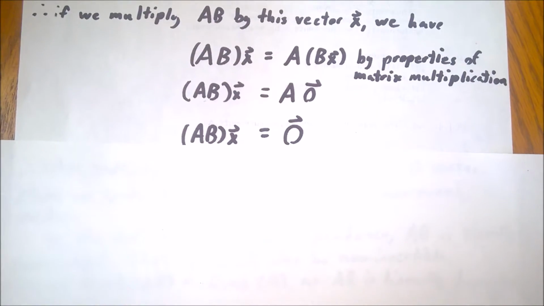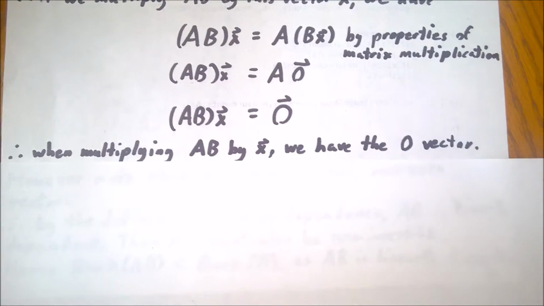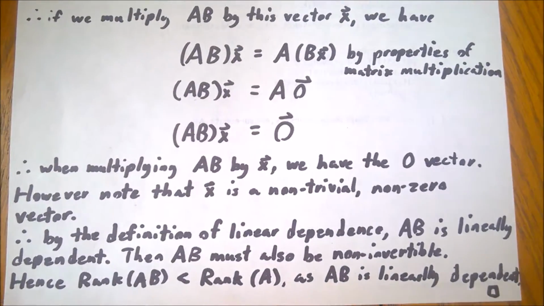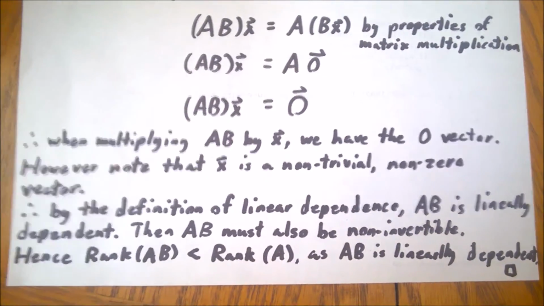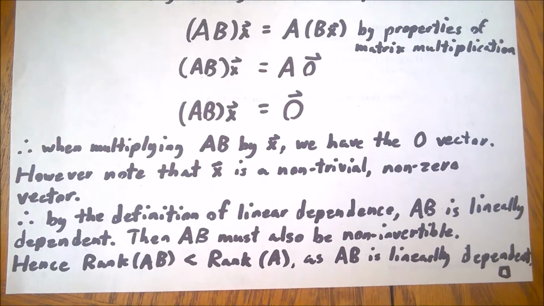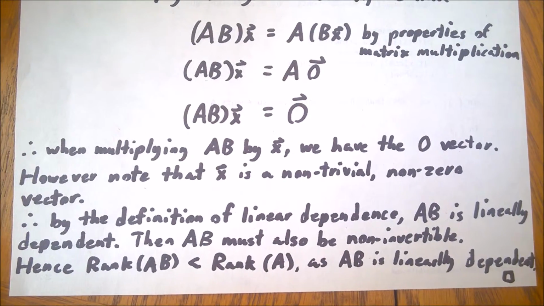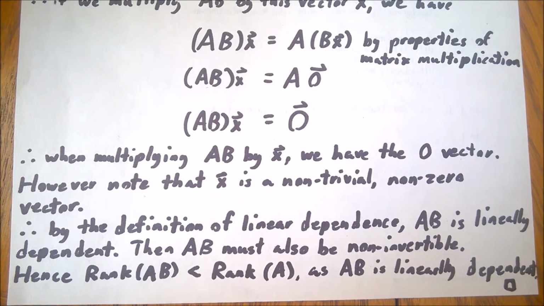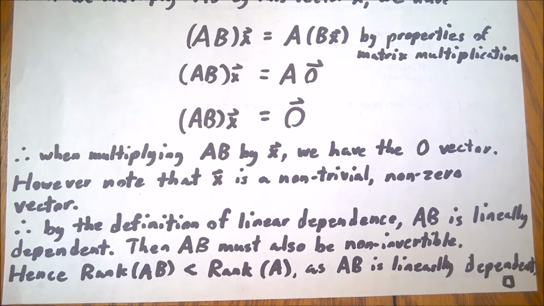Now, what is the significance of this? Well, when multiplying AB by x, we have the 0 vector. However, you can note that x is a non-trivial non-zero vector. Therefore, by the definition of linear dependence, AB is linearly dependent. Therefore, AB must also be non-invertible. Now, remember what rank means. Rank is the number of linearly independent columns.